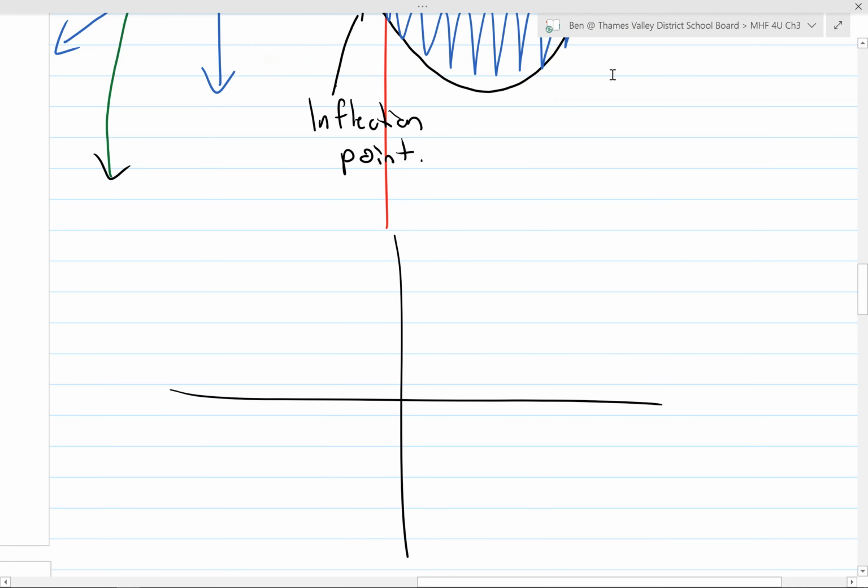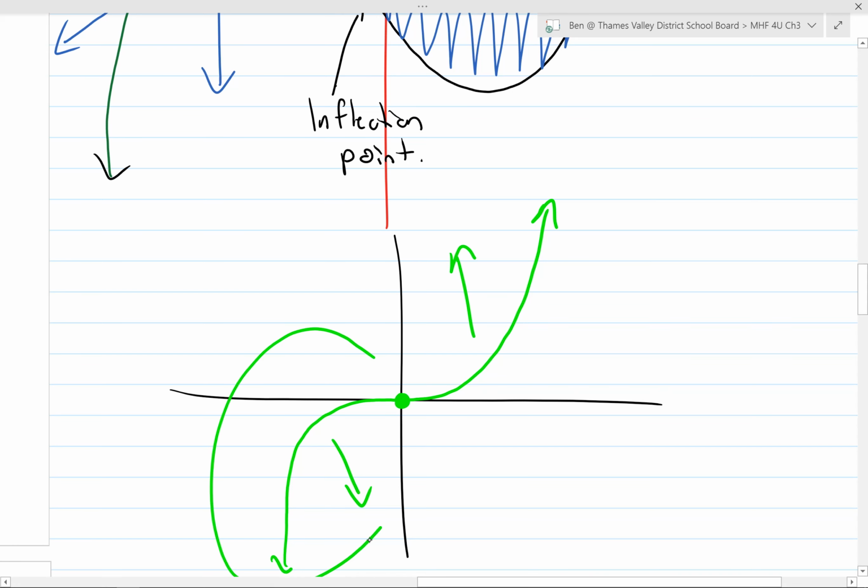This time it's going to be of our base cubic function, which you have seen before, something like this. Then we would have a point of inflection right here because it changes from concave down to concave up here. But you'll notice there is no local maximum or minimum because this function is increasing beforehand and it's increasing afterwards, so there's no turning point involved.